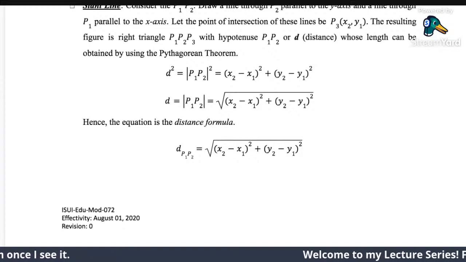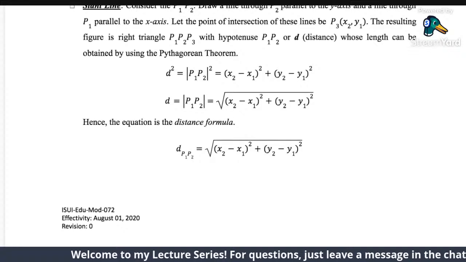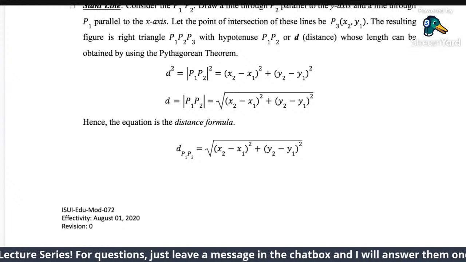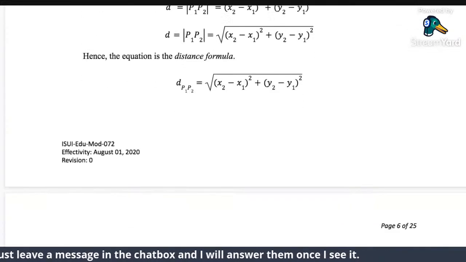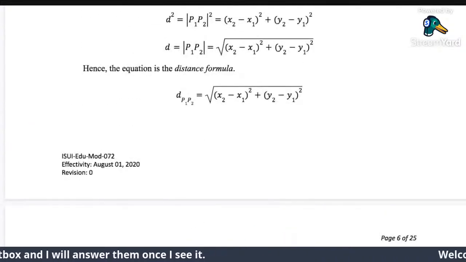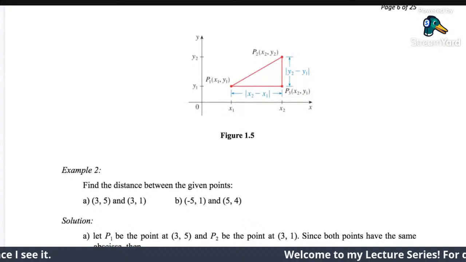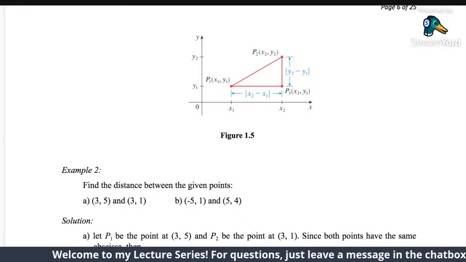So we have d is equal to the square root of x sub 2 minus x sub 1 squared plus y sub 2 minus y sub 1 squared. How did we obtain this? We will be able to derive the distance formula by drawing a right triangle that looks like this in figure 1.5.